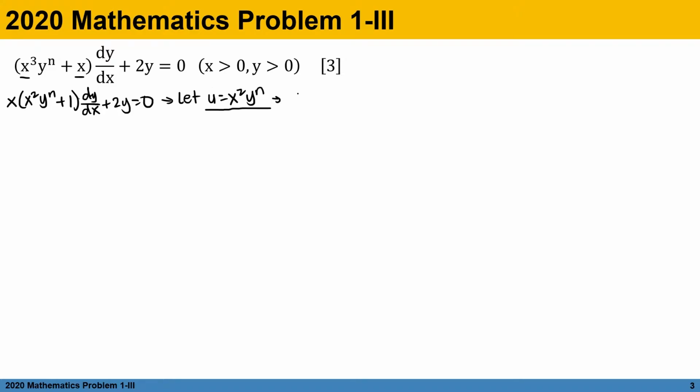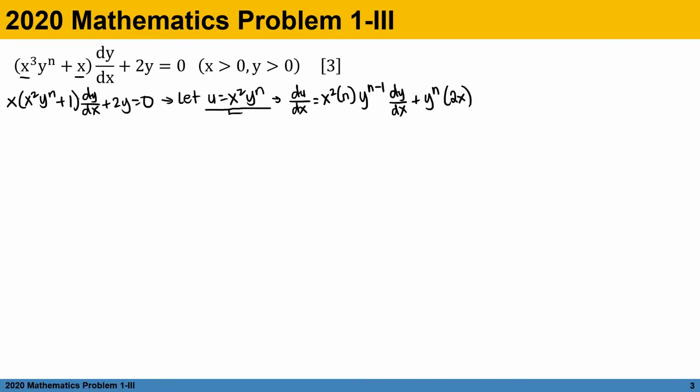In this case, if we have u equals x squared y raised to n, we can have du over dx. Applying product rule, we have x squared times n times y raised to n minus 1 dy over dx, then plus y raised to n times 2x.